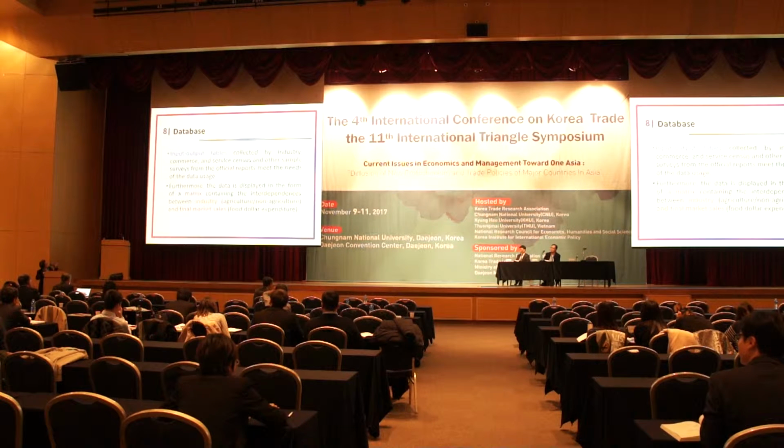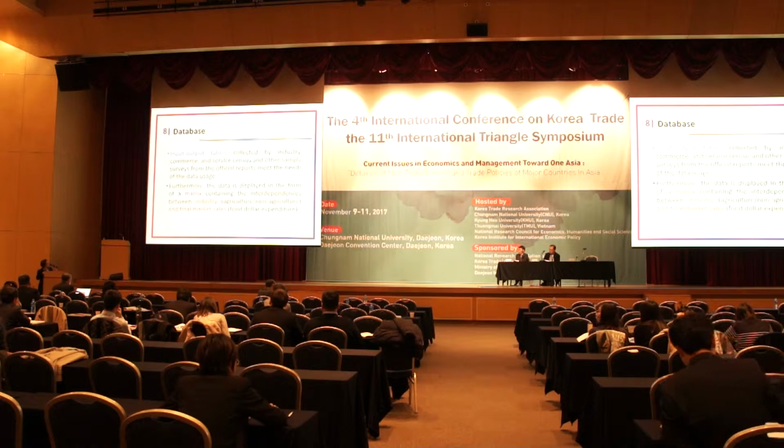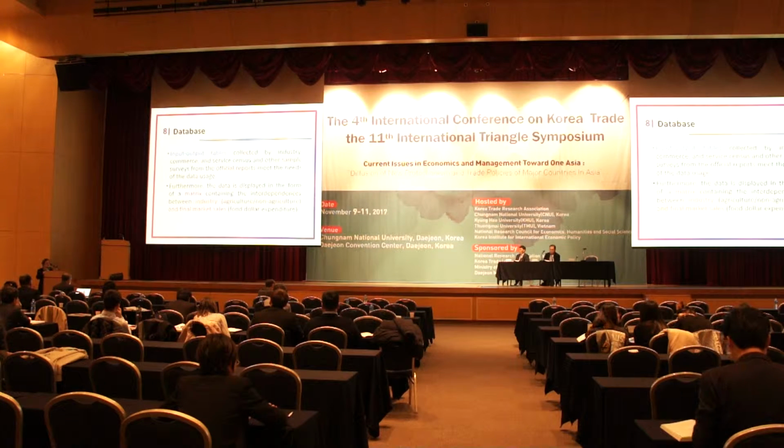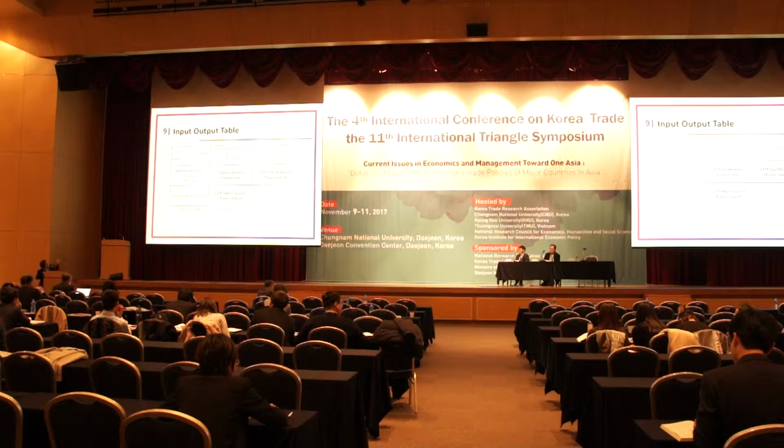And so for the input-output table, everyone probably knows that an important part is that it can disaggregate the intermediate input and the final input, and horizontally it divides the intermediate demand and the final demand. And so this is a very typical example of an input-output table.